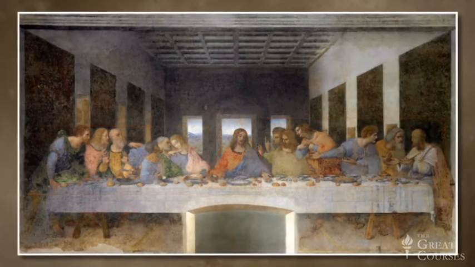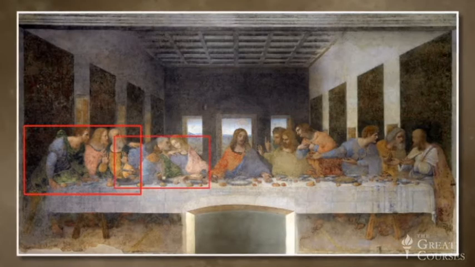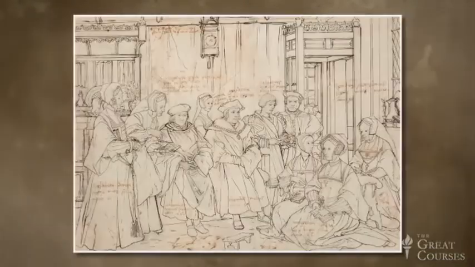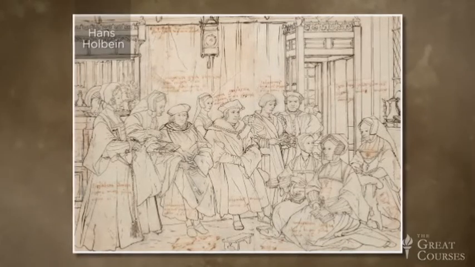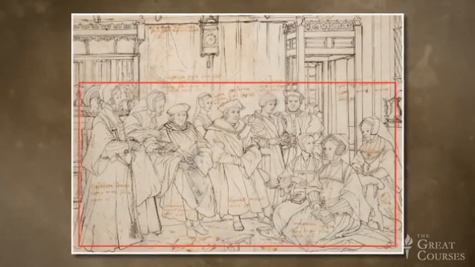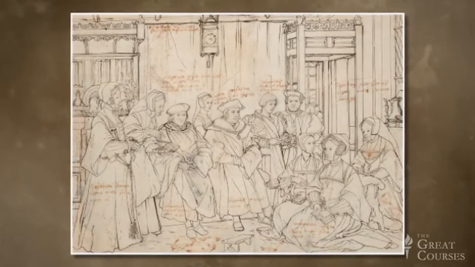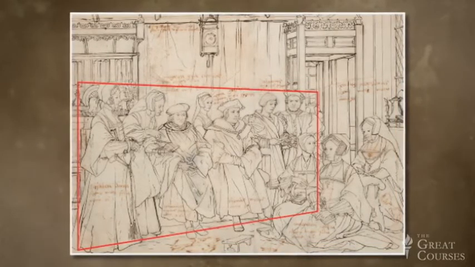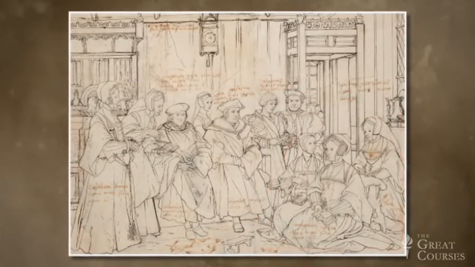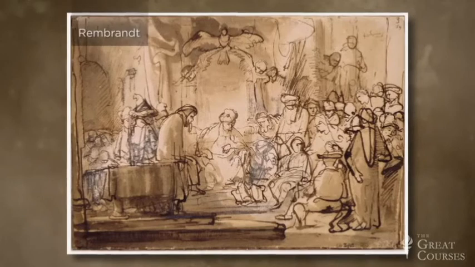Or we could also see it as a group of 3, another 3, a 1, a 3, and a final 3. And in the 16th century Holbein, well, he's thinking similarly. We get a large rectangular grouping. This time it could be subdivided as a large trapezoid receding into space and a smaller rectangle or pentagon of sorts. Moving forward a century or so, we find Rembrandt.